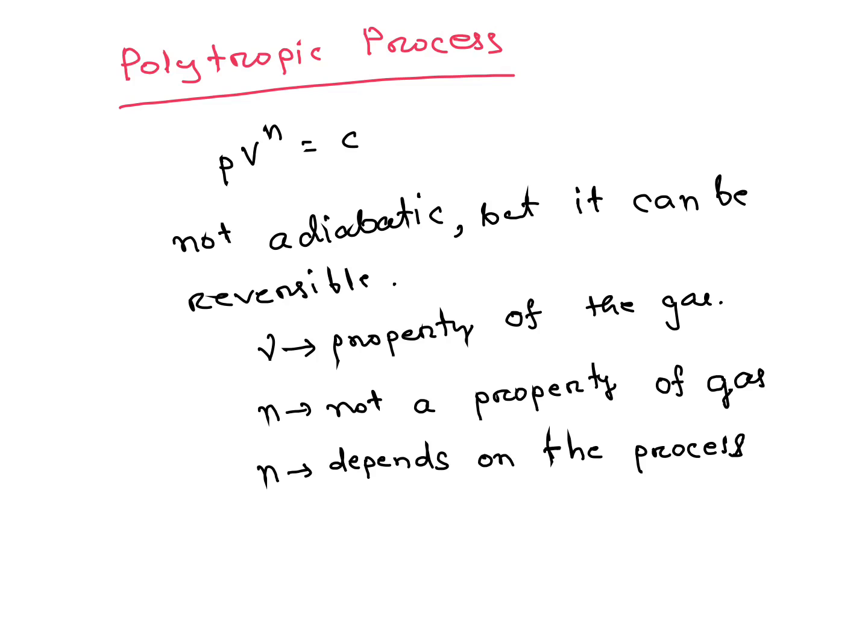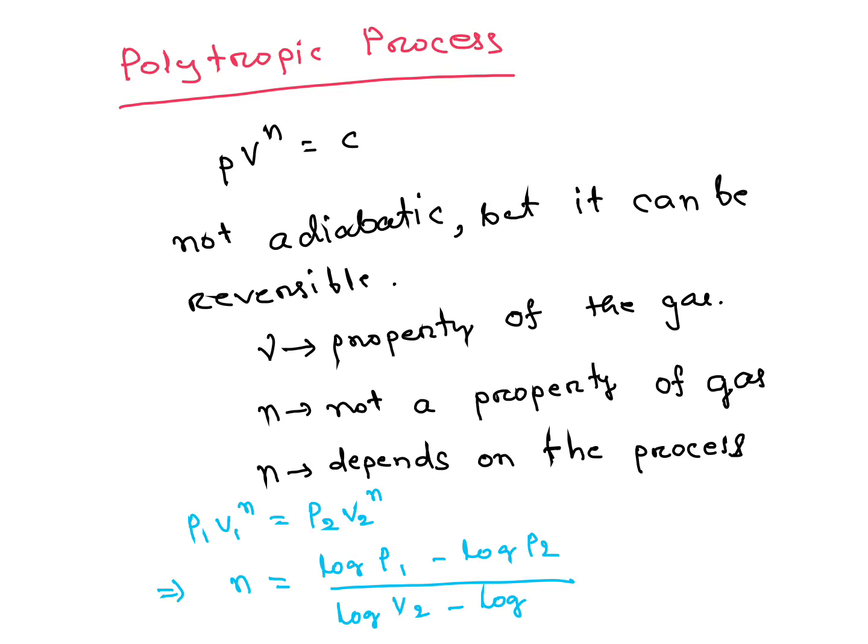P1 V1 to the power n equals P2 V2 to the power n, asked 2 times in the ISRO examination. n equals log P1 minus log P2 divided by log V2 minus log V1.